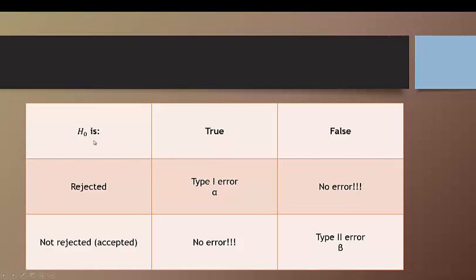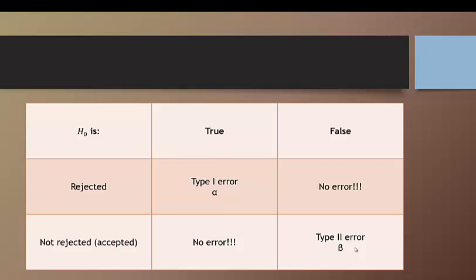If our null hypothesis is true, and we do not reject it or we accept it, then we have committed no error. Okay? If our null hypothesis is false and we accept the null hypothesis, then we have committed a type 2 error, but the bottom line of this is that things will remain as they are. Okay?